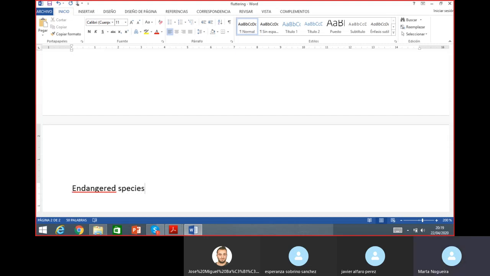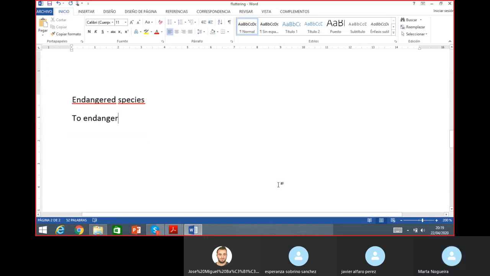For example, guys, endangered species means especies en peligro de extinción, ¿vale? To endanger es estar en peligro. Endanger, estar en peligro de extinción. Viene de ahí, ¿vale?